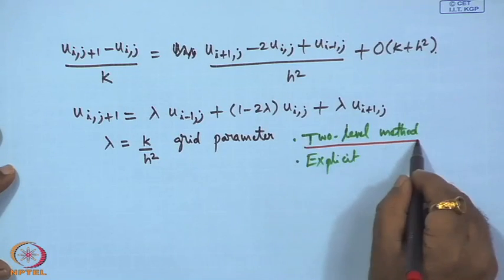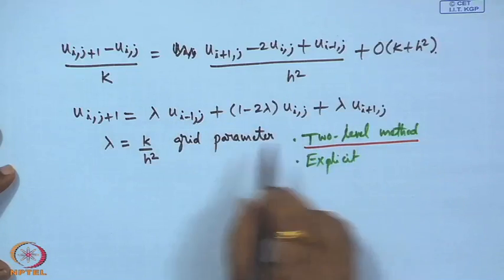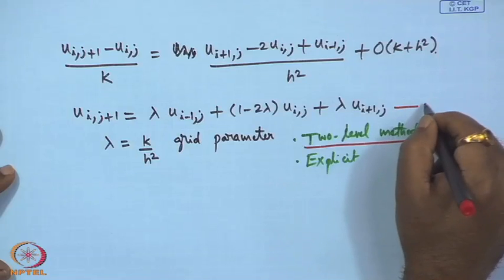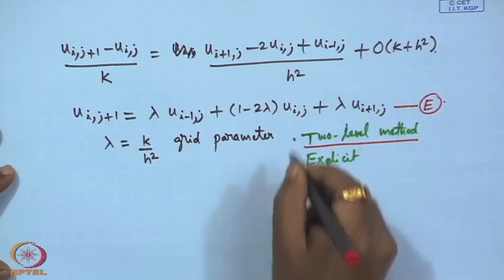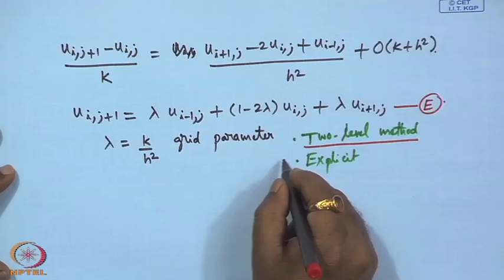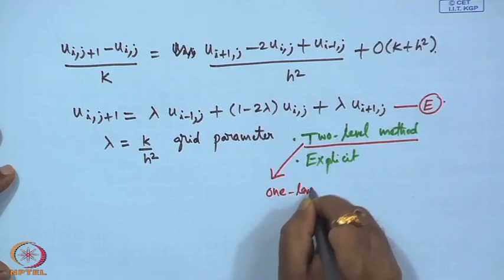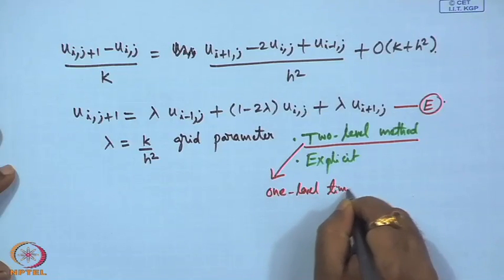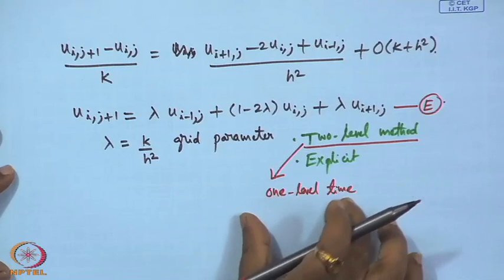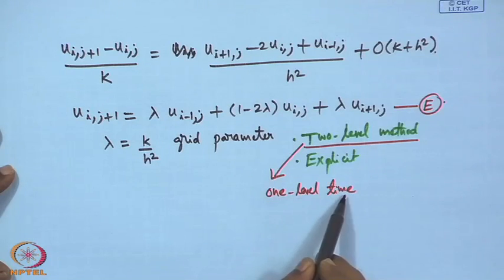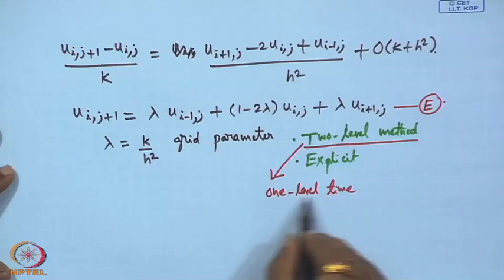When I say 2 level method, it means this involves 2 levels, otherwise, strictly speaking, the formula as it stands, say this is E, is in some sense one level in time. Because 2 level means the formula contains 2 levels only, but otherwise it is just one level, that means the solution is required at one level to compute at the other level. So, in that sense you have to take it.